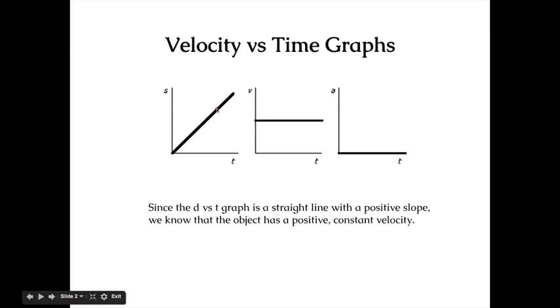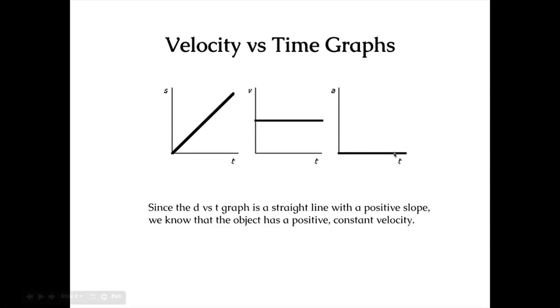This represents a velocity that's a straight horizontal line, because the change in displacement is constant over time. In other words, its velocity is positive, but it's staying the same. If it has this constant velocity, then we know that its acceleration must be zero.